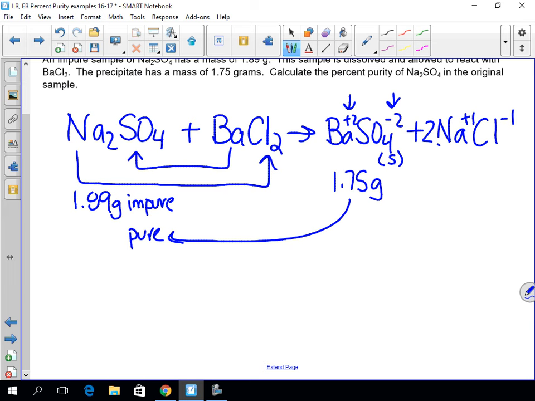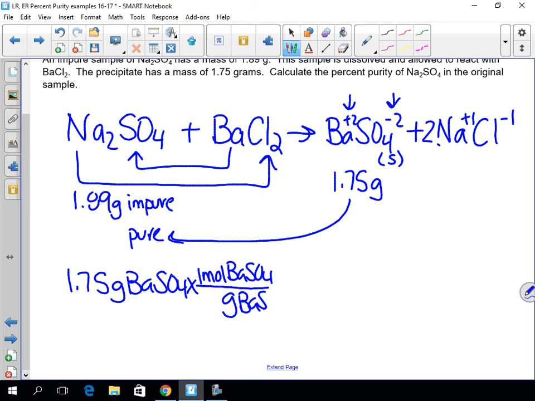So this just becomes another stoichiometry problem, although this time it's not limiting reactant because we only have one thing we're working with, and we're actually working from a product back to figuring out how much reactant. So 1.75 grams of barium sulfate. Go ahead and change that into moles. Molar mass of barium sulfate is 233.39.